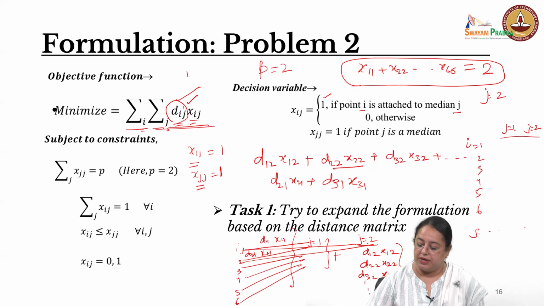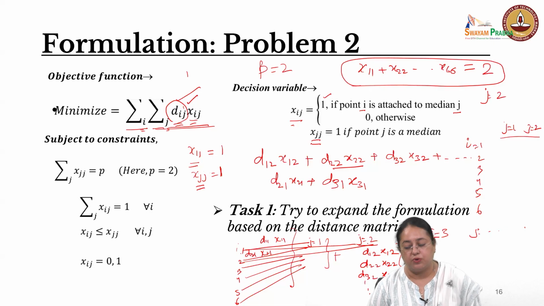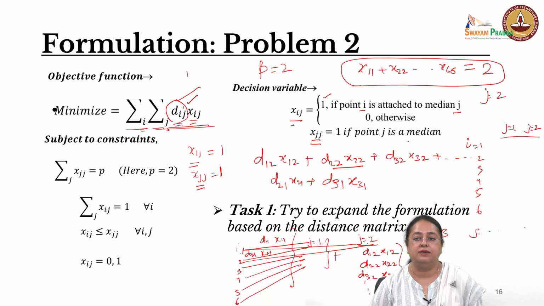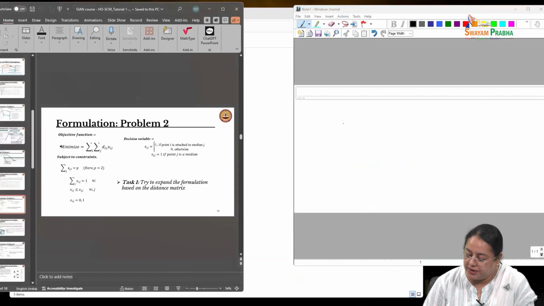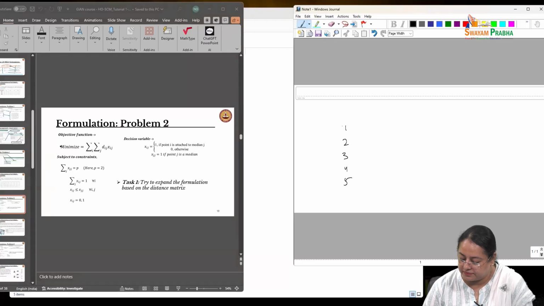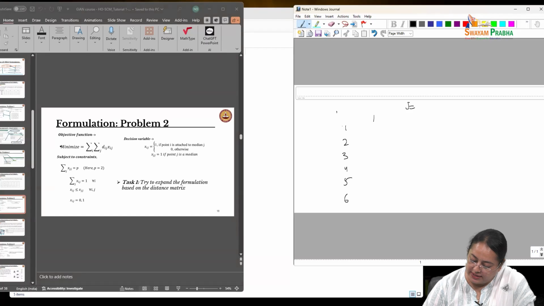So, we are defining xjj is equal to 1 if point j is a median. So, here my facilities are there. Let's say j is equal to 1 first. So, here it is I: x11, d11; x21, d21.